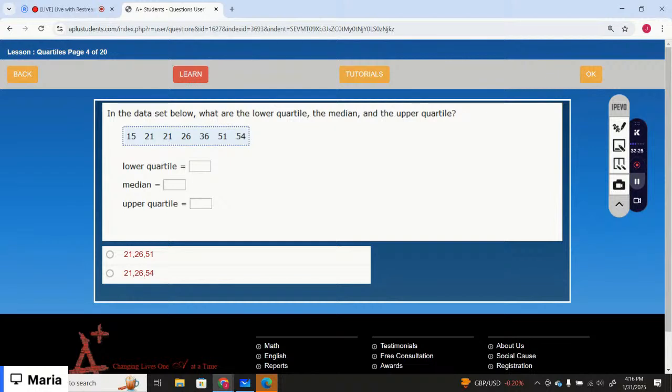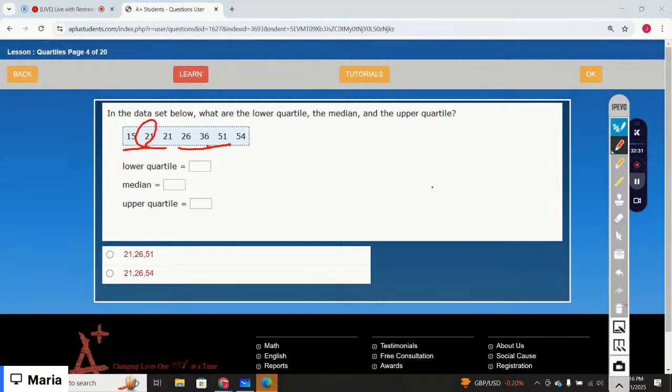In the data set below, what is the lower quartile, the median, and the upper quartile? Median is the number that is exactly in the middle of the given data that divides the data into two exactly equal parts.